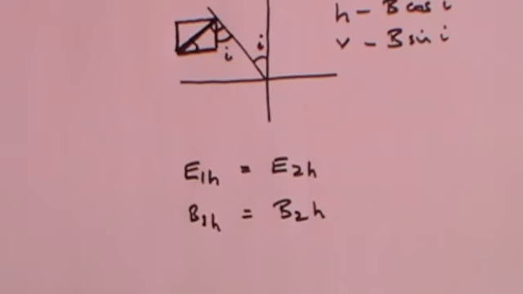That is to say, the horizontal components of the E field transport across the boundary, and the horizontal components of the B field transport across the boundary. So any component of the electric or magnetic field which is parallel to the boundary is going to transport across it.